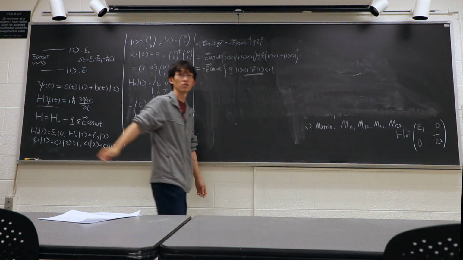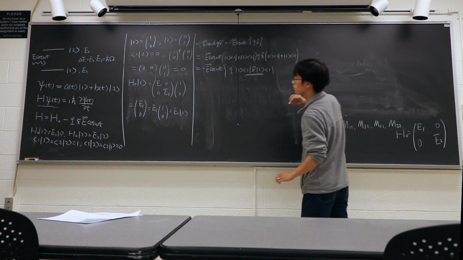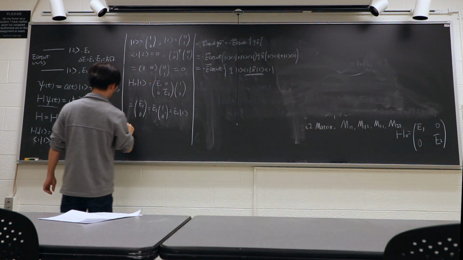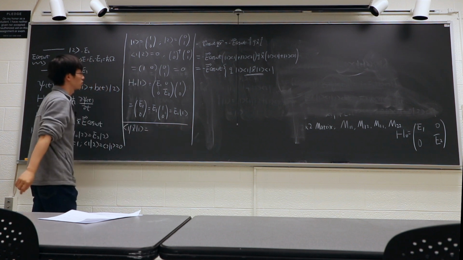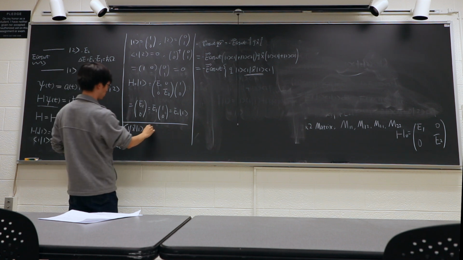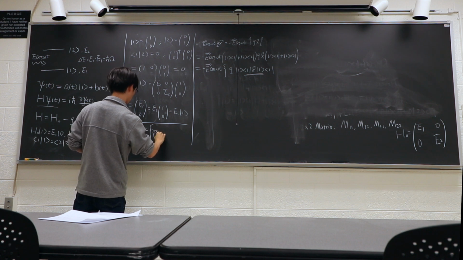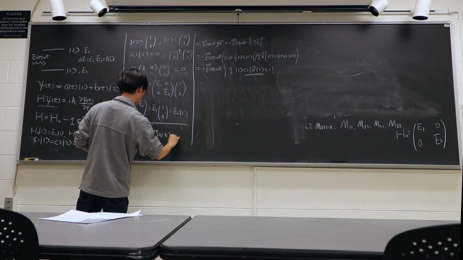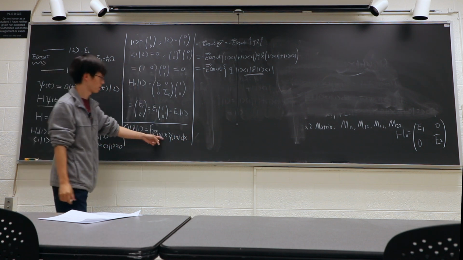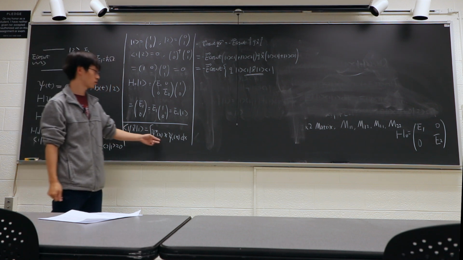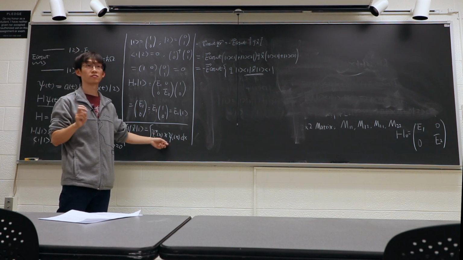And what is this? 1, X, 1, by definition, how we defined this inner product last week. And also by definition, this one is the average value of X in state 1.